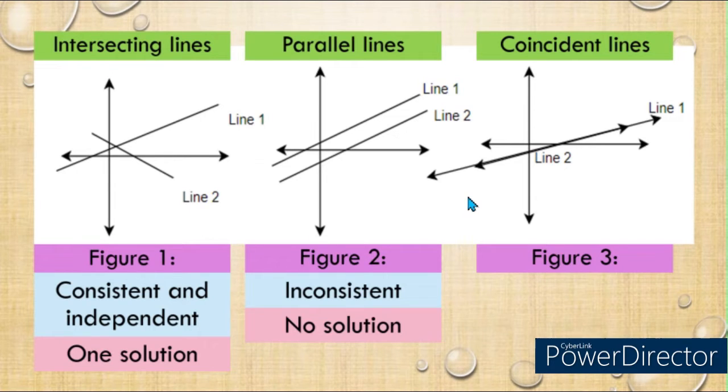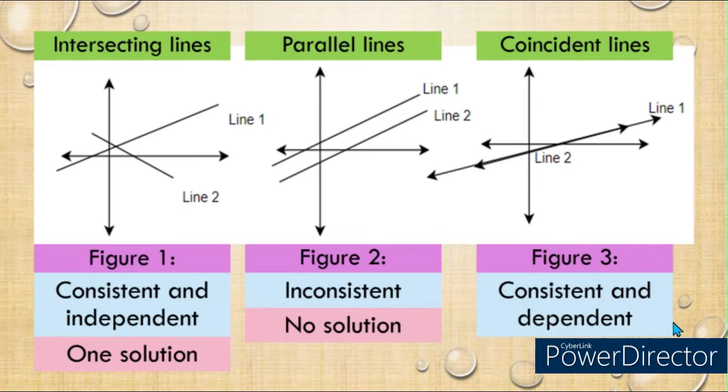Infinite or many solutions for the system of linear equations. So if there are infinite number of solutions, that is what we call consistent and dependent.